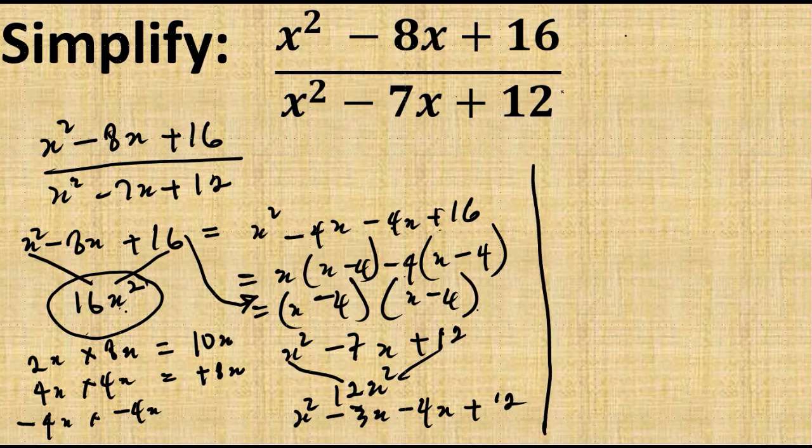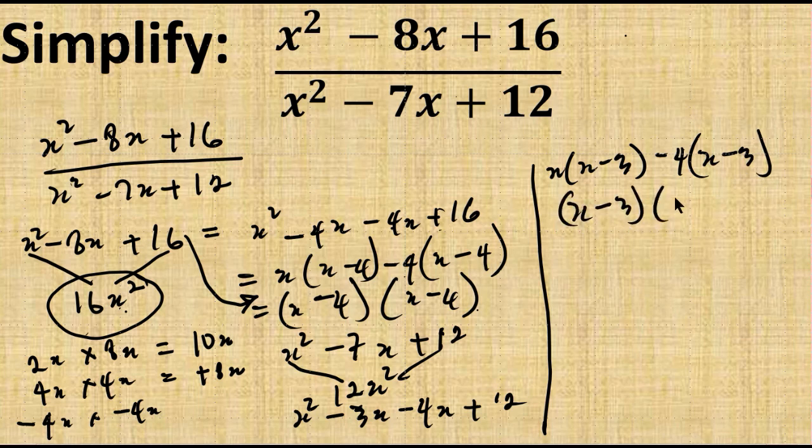Now, so that x now becomes a factor, I have x minus 3, then minus 4 again is a factor here, I have x minus 3. Then I can express this as x minus 3 into x minus 4.